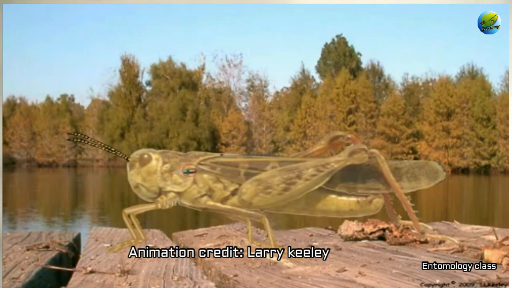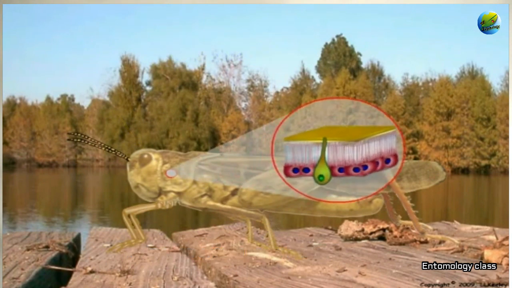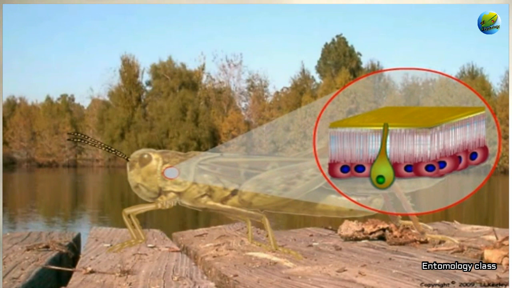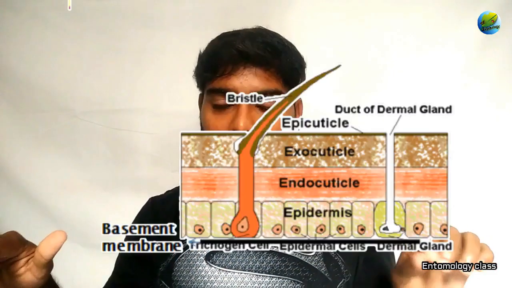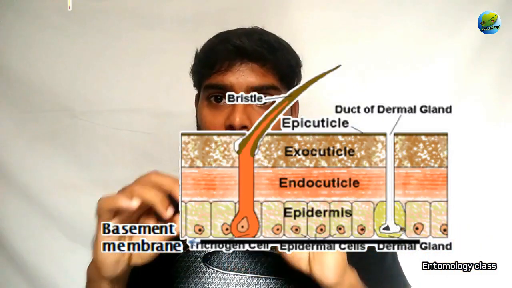There are three major components of the insect's exoskeleton: the basement membrane, a single layer; above the basement membrane, the insect's epidermis; and followed by that, the insect cuticle, which is visible to us on the outside. The epidermis secretes the cuticle, and the epidermis is laid on the basement membrane, which is a single layer on which the epidermis is placed.